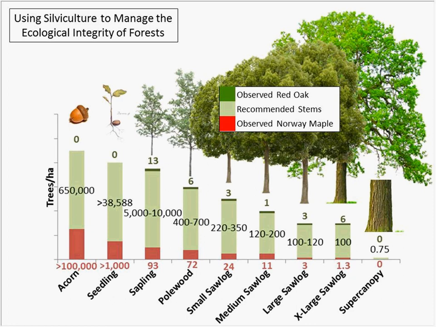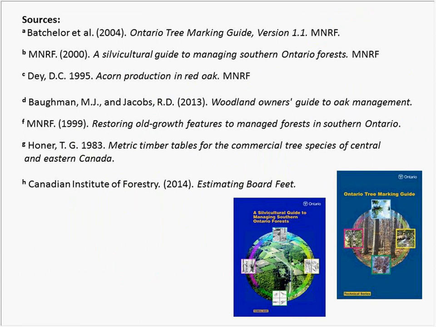There is the classic rugged distribution of trees. I'll just go forward to show the sources I use for this. So I pretty much use the Ontario Silvicultural Guideline for managing Southern Ontario forests.